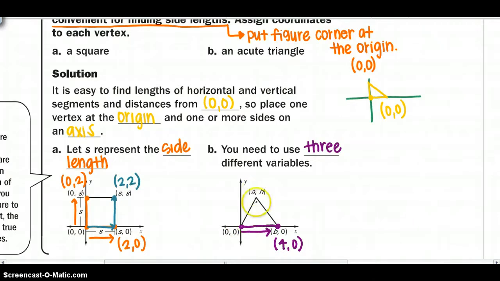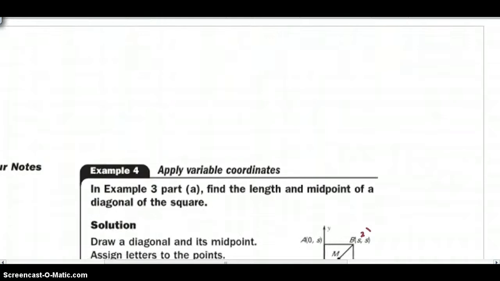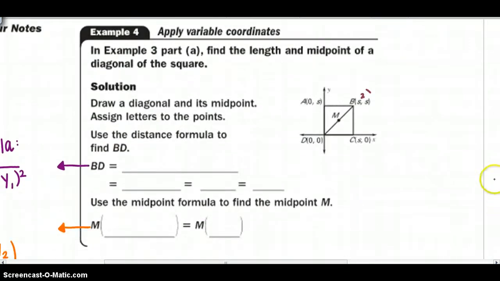And then we need to use 2 different variables because we're going to go over A units and up H units to find this vertex. And we're going to use 2 different variables because we're moving different units. So maybe we could think of this as 2, 3. So that coordinate proof is for many, many different types and sizes of shapes.